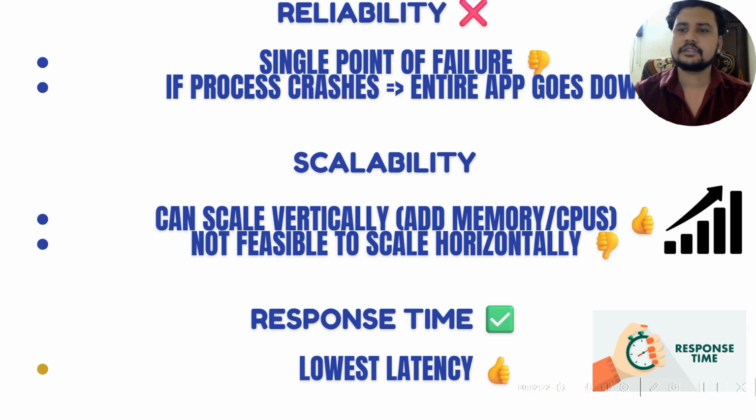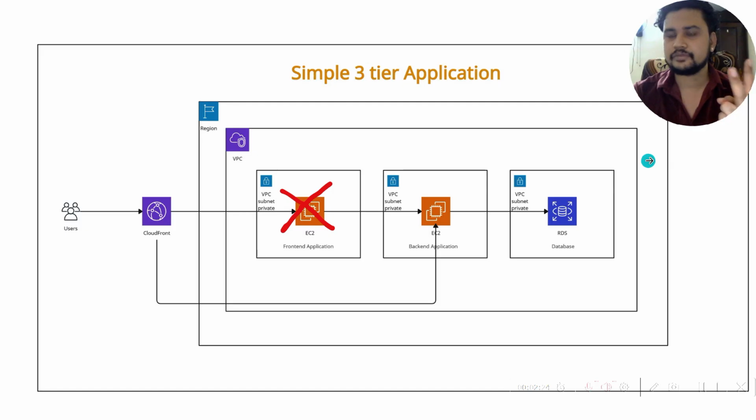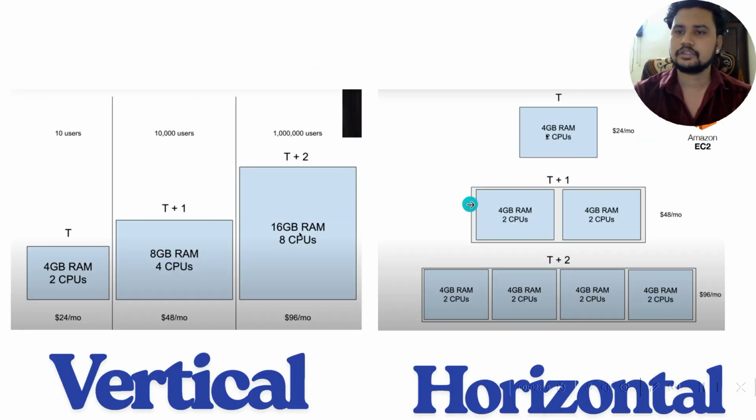Scalability. In scalability, there are two types: one is vertical, another one is horizontal. Let's give an example. In our application, there are 10 users logging in, and after that 10,000 users, and after that 10 lakh users.